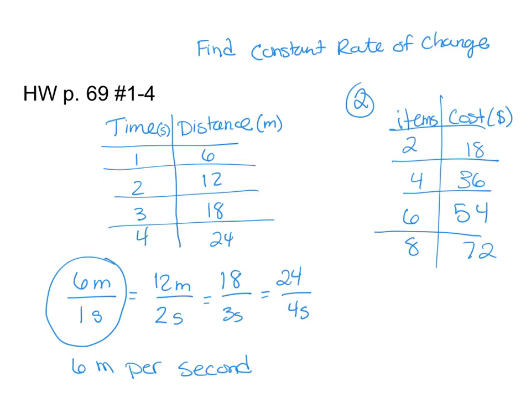I want to figure out the price per item. So I have 18 for 2 items, and I want to figure out what it costs for one item. To get to here, I would divide by 2. So 18 divided by 2 is 9. Oops, sorry, $9 per item.